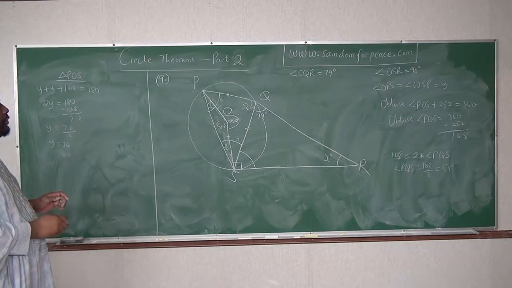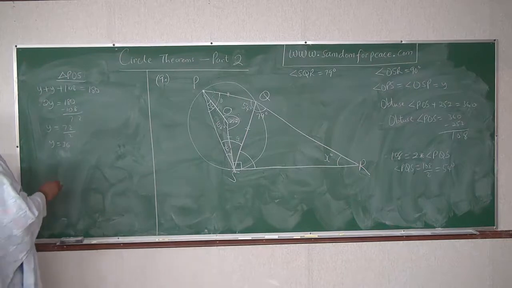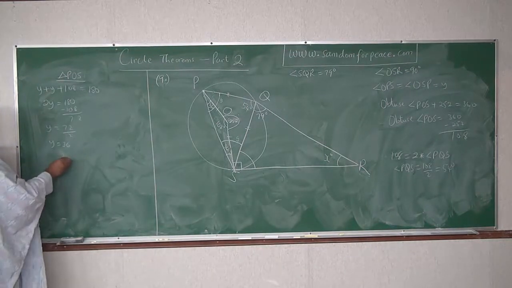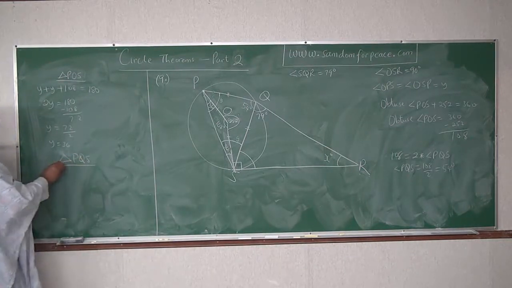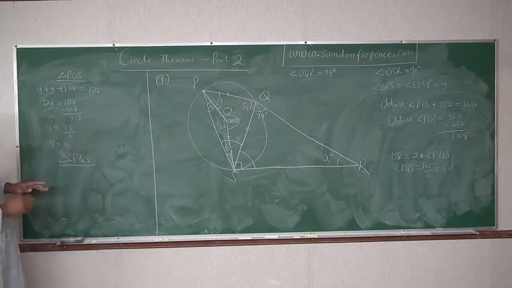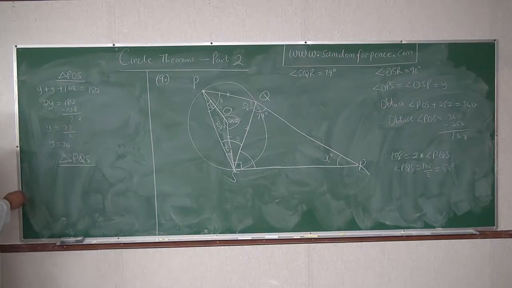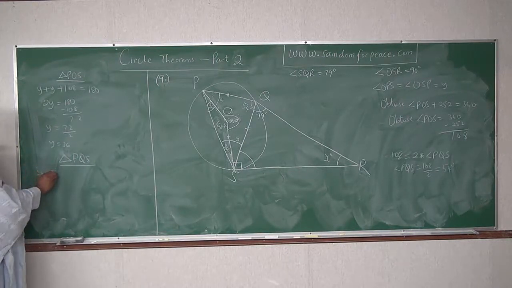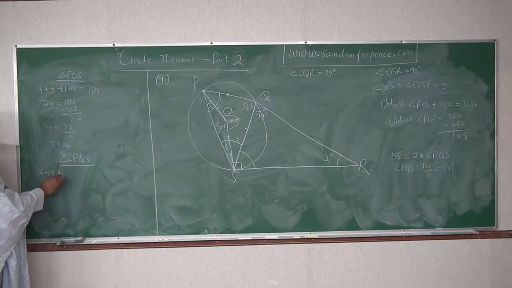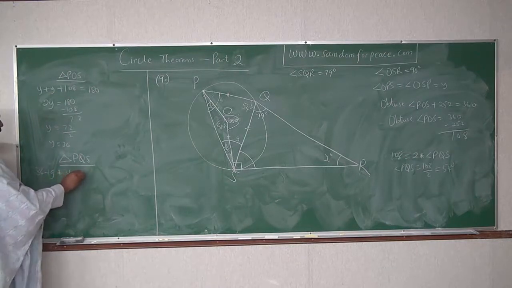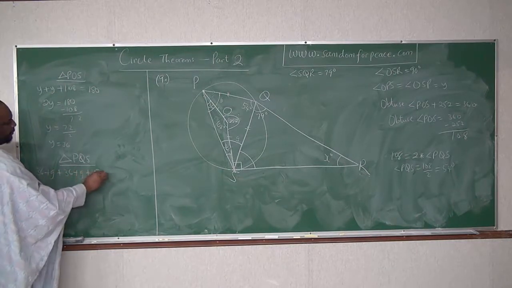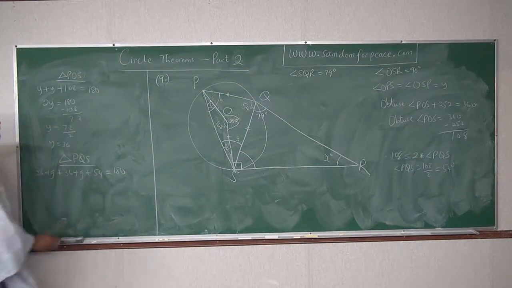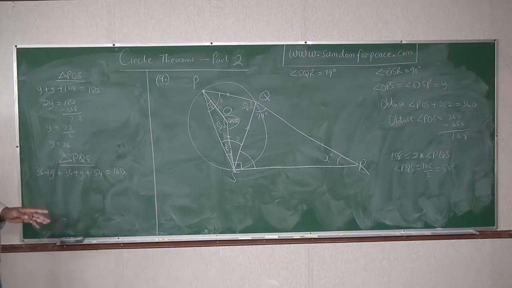So considering triangle PQS, the whole of triangle PQS, we now see that 36 plus G plus 36 plus G plus 54 is equal to 180. Reason: sum of angles of a triangle.